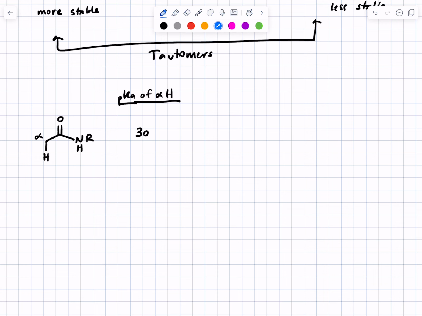So let's just look at one of the resonance structures of the enolate for the amide and see why this might be so much less acidic than the ketone.